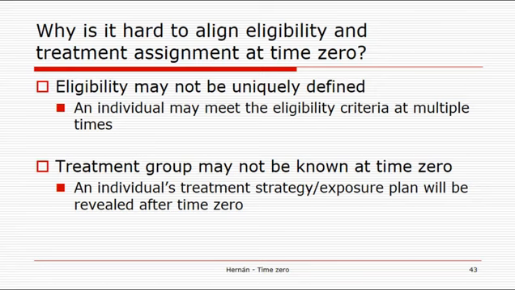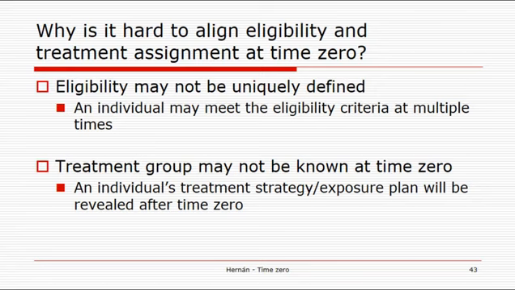And then which one is time 0? We have to choose one of those times only, but which one? So that is one problem. I'll talk about that. And the second problem, which I'm not going to discuss here in the interest of time, is that sometimes we don't know the treatment group at time 0 because we don't know what people are going to be doing in the future, and we have to do some special things for that too.